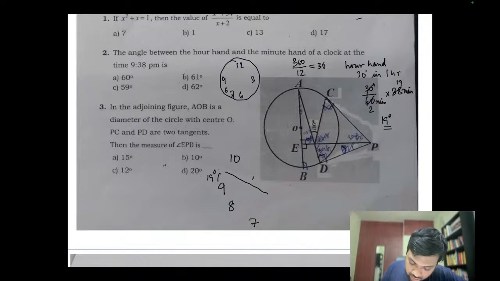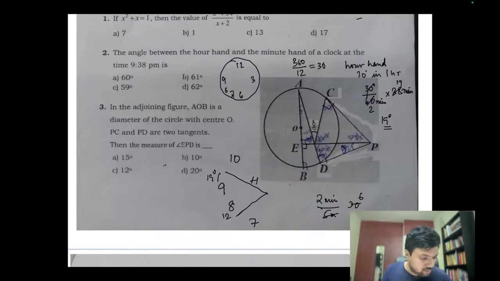The minute hand is somewhere here, which is 2 minutes out of 5 minutes, into 30, so basically 12 degrees here.